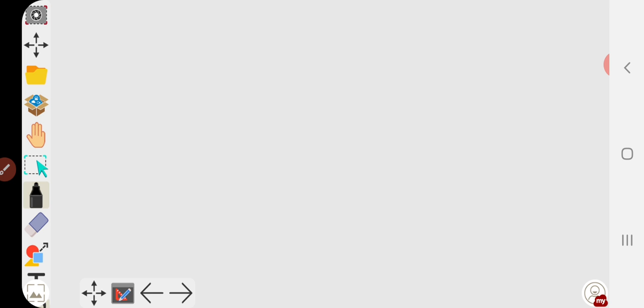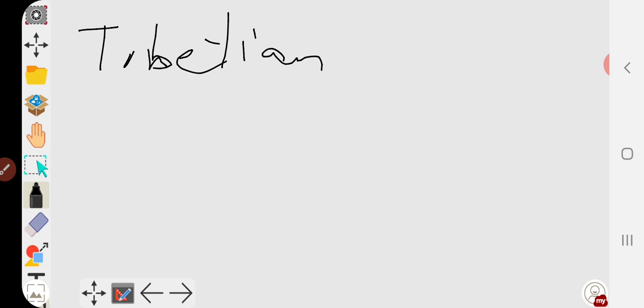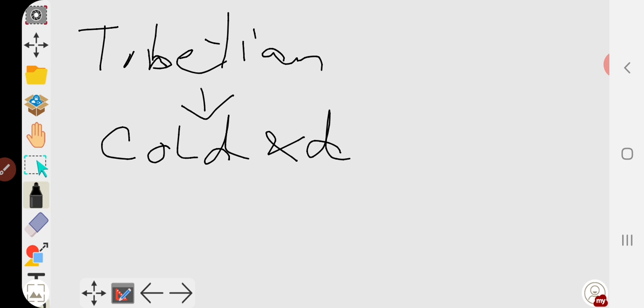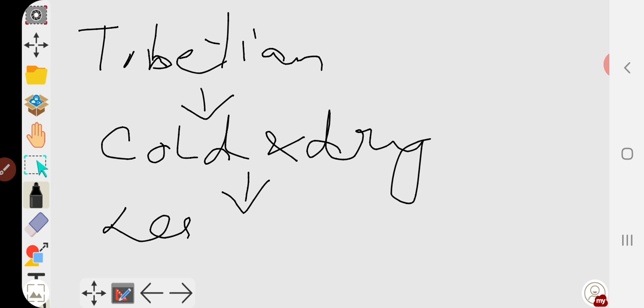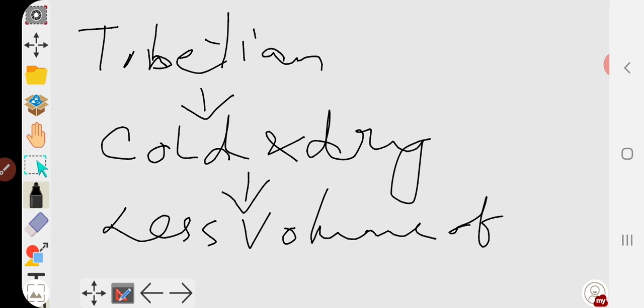Now next, why does the Brahmaputra in its Tibetan part have less silt deposit despite a long course? Because the Tibetan part is cold and dry. Now when it is cold and dry, that means less volume of water and silt.